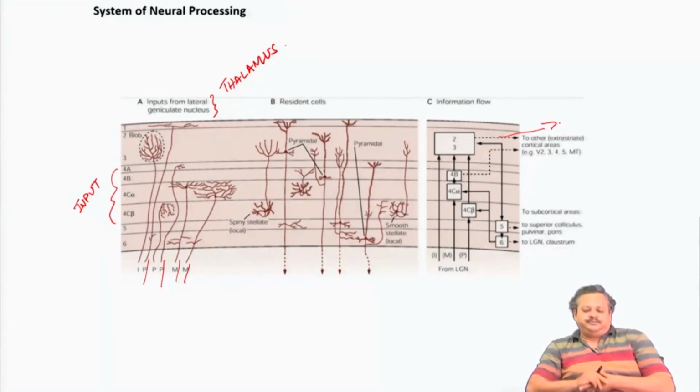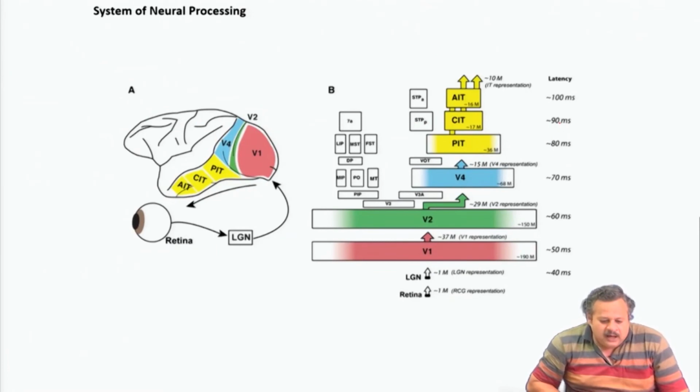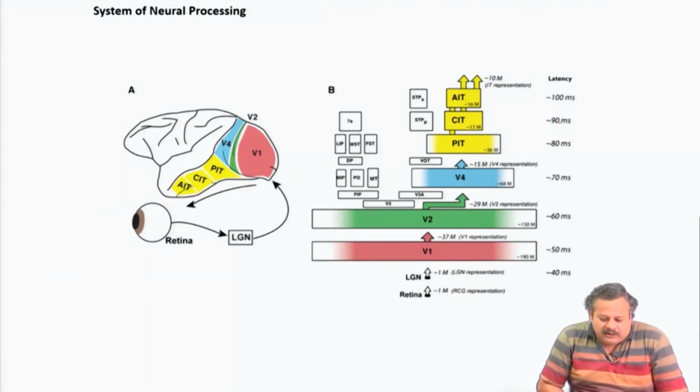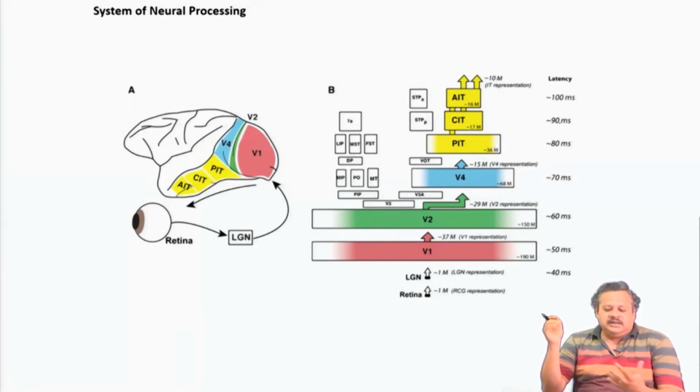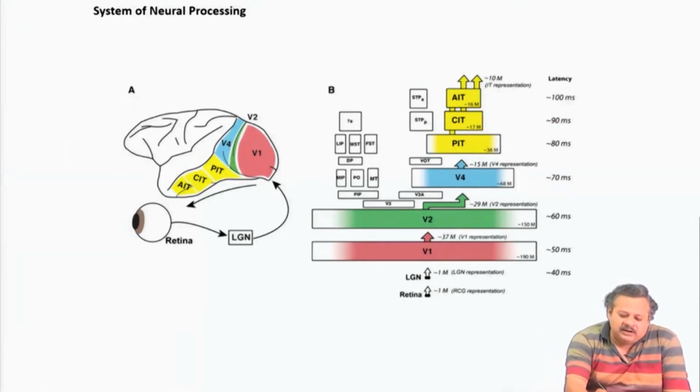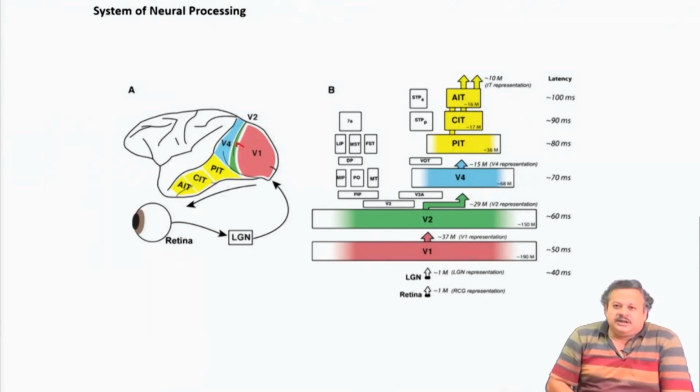So, similarly, if we look at beyond the primary visual cortex, as we said, the output from the primary visual cortex goes into the secondary regions. In this case, we are now looking at the primate primary visual cortex, which is much larger than in the human. The primary visual region then projects onto secondary regions, V2.